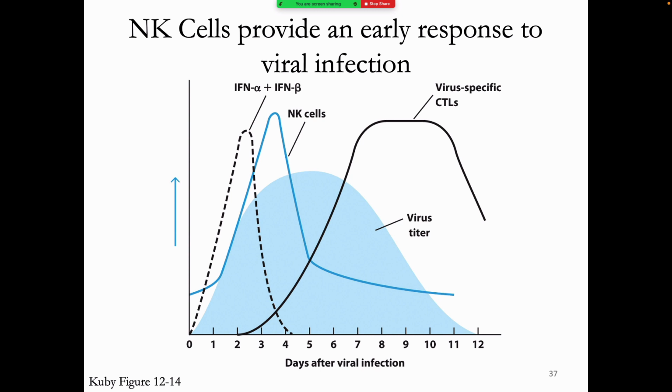Are they innate cells or are they adaptive cells? Are they part of the innate immune system or the adaptive immune system? If you were writing the textbook in 2008, would you have put them in the innate chapter or the adaptive chapter? And why?